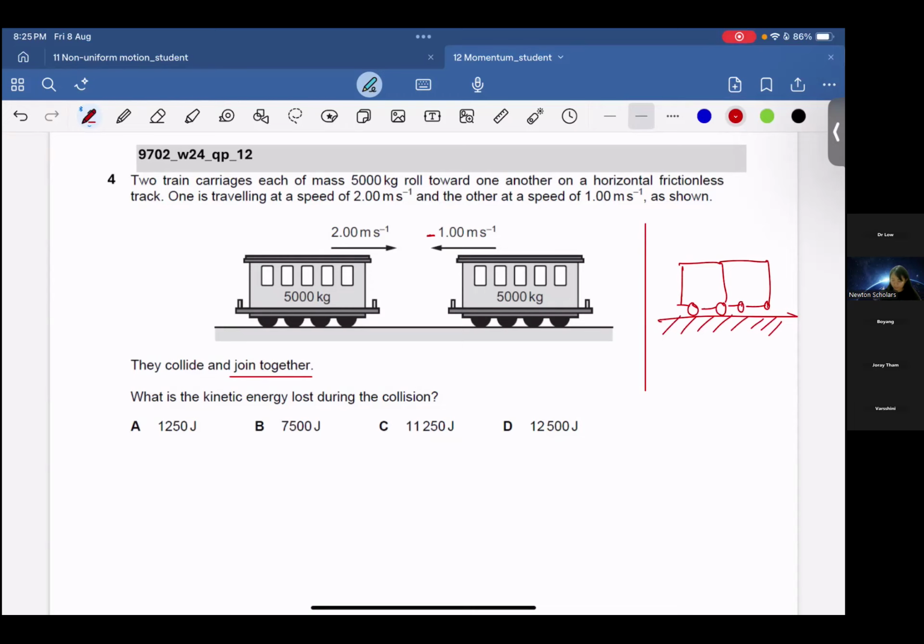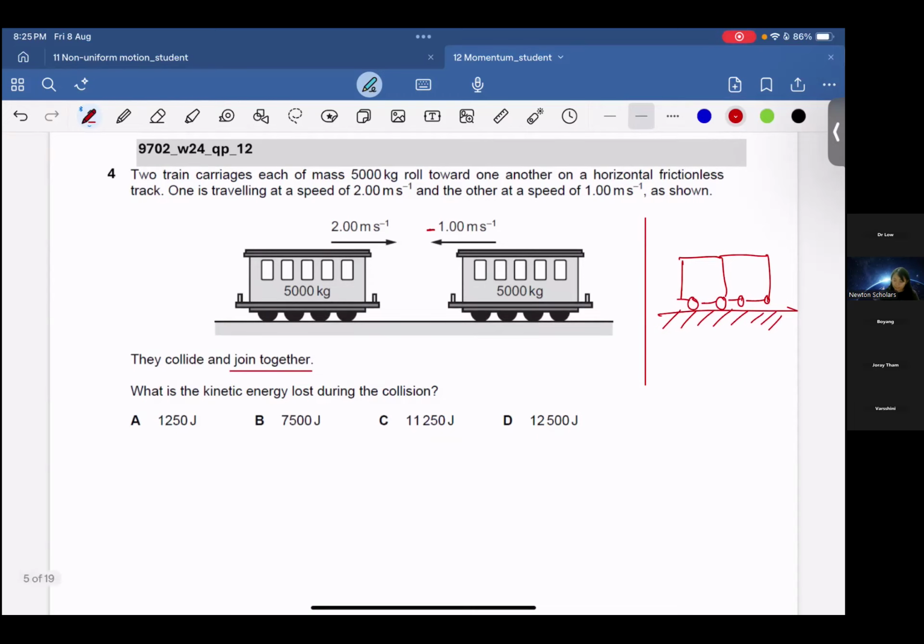Okay, what is the kinetic energy loss? Now here we have the masses M1, U1, M2, U2. After collision we have the combined mass, but the problem is we don't know V. So I need you to calculate V first, because to calculate the kinetic energy we have to know the velocity.